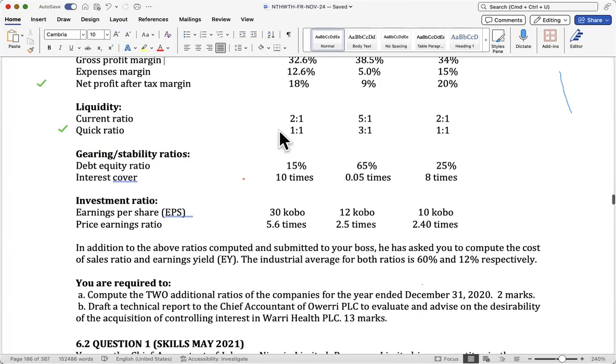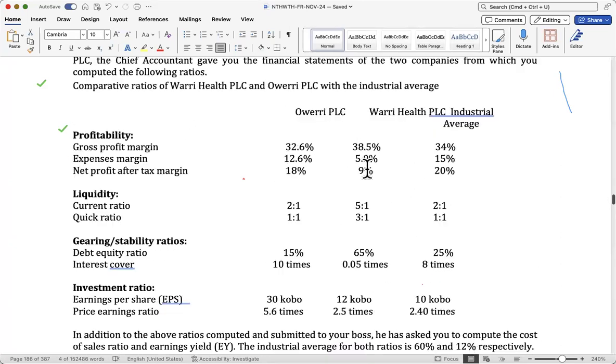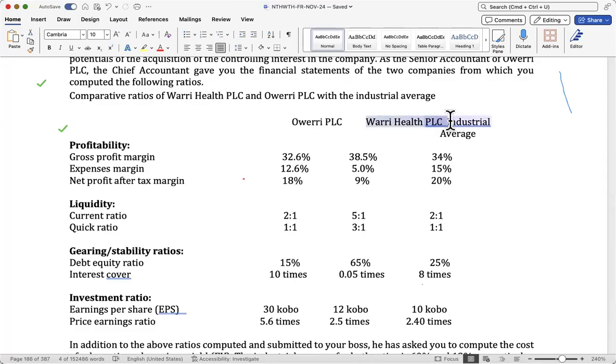Like this one now, they want you to advise whether they should buy Worry. So that means you'll be comparing Worry with the industry. You can't be comparing Worry with yourself. You'll be entirely wrong, because you are the company that wants to buy Worry. So you'll be comparing Worry with the industry.